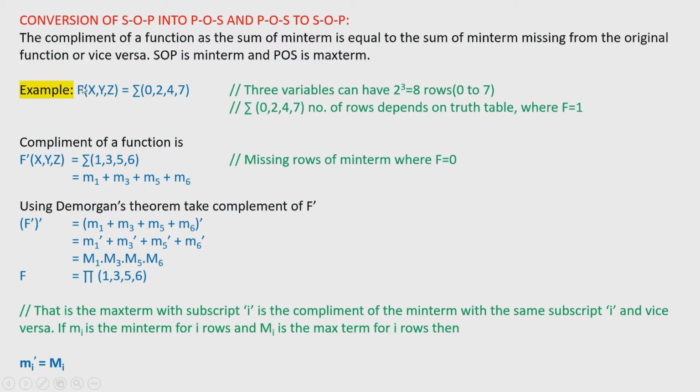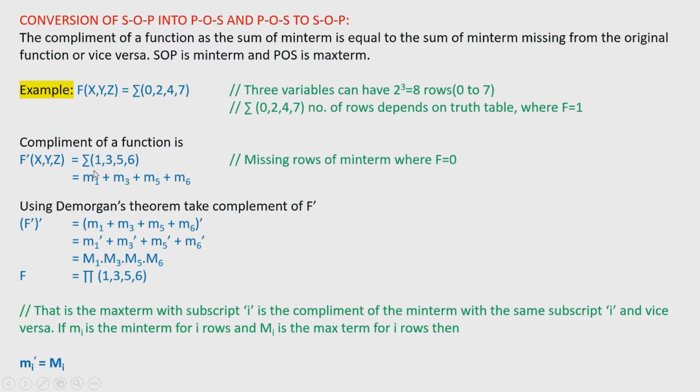In this original function, these are the minterm values. So which are the remaining minterm values missing? Out of 0 to 7, 1 is missing, 3 is missing, 5 is missing and 6 is missing. So those missing minterms are written here, which is equal to the sum of minterms missing from this original function.